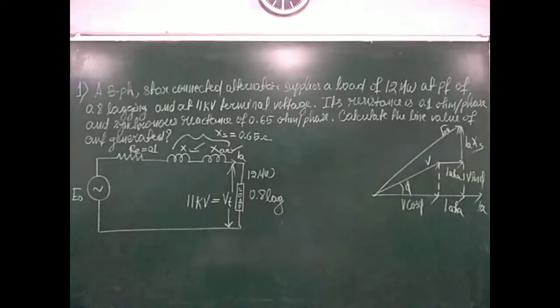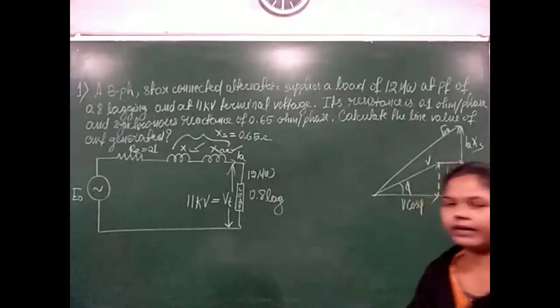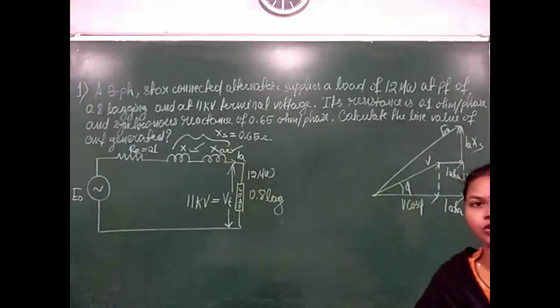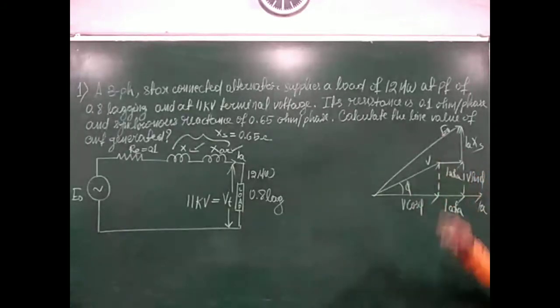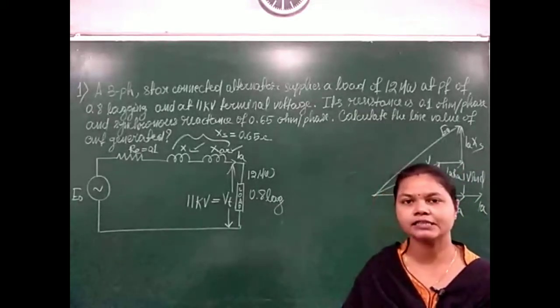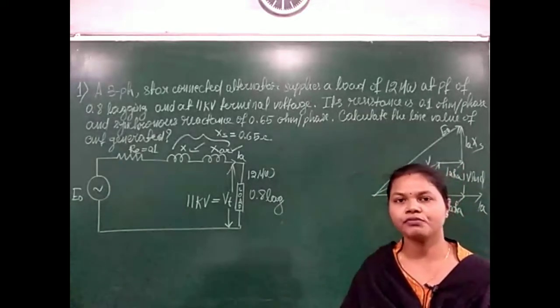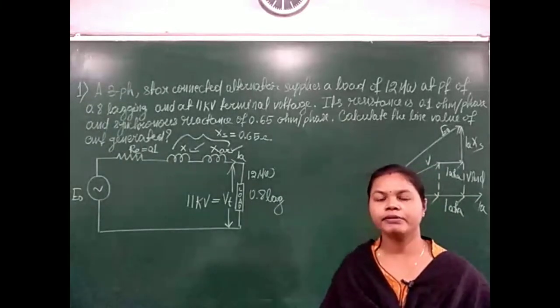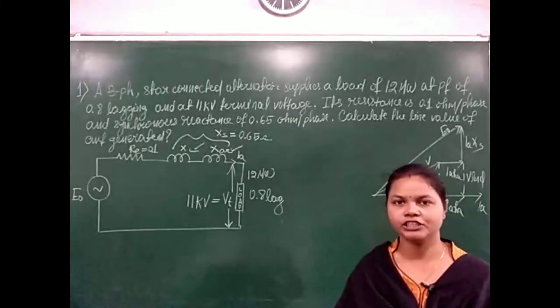So what is E0? Here our motto is to find E0, the generated EMF per phase, but my question is to find its line quantity. So before finding its line quantity, we will first find its phase quantity.